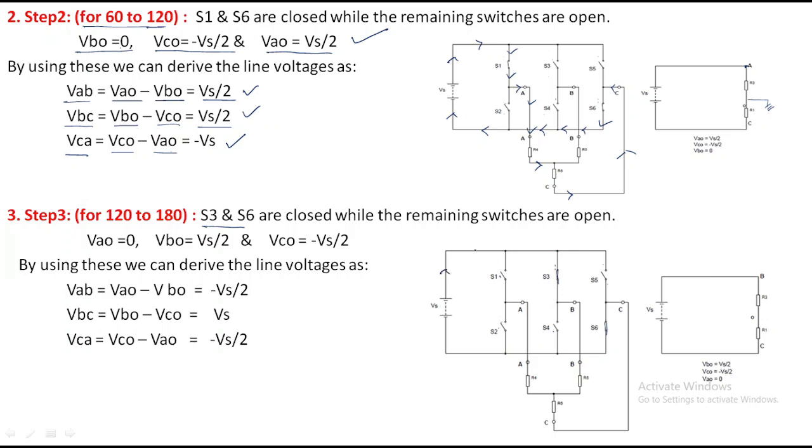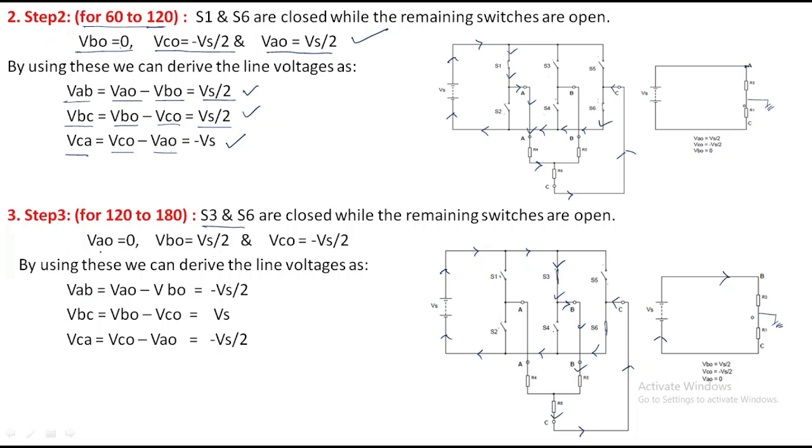So the current will flow like this, and the current flows from the C point like this. Understand? The current is entering from the B point, flowing through some resistance and through the neutral point, and some resistance ending at the C like this.